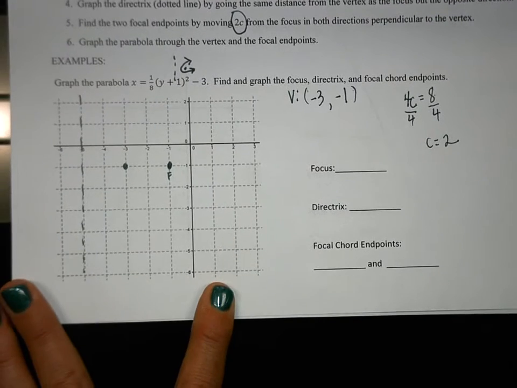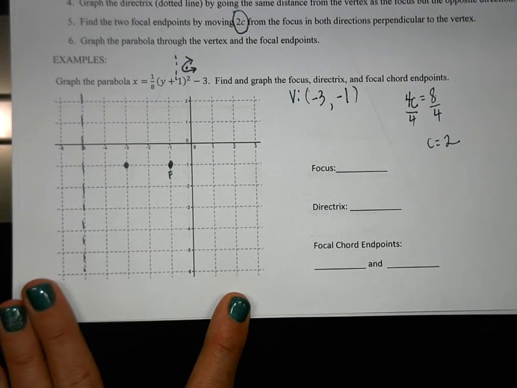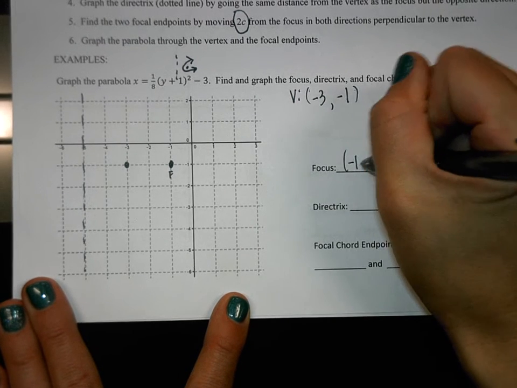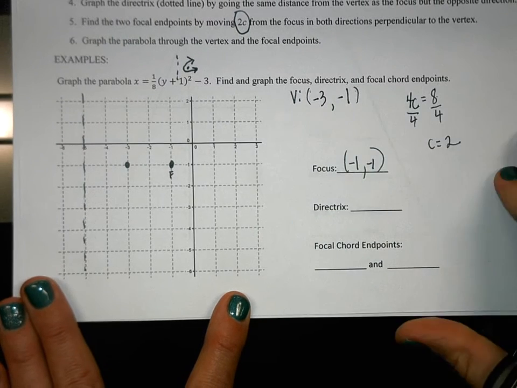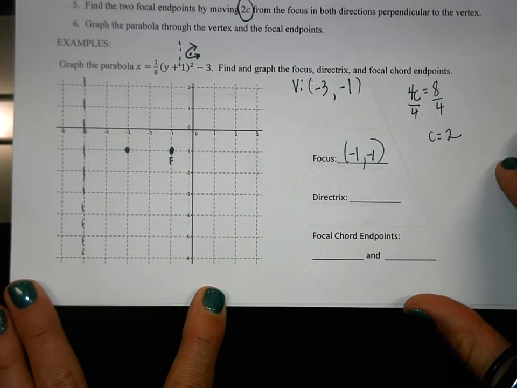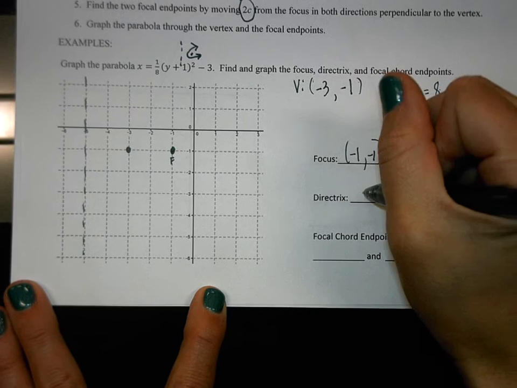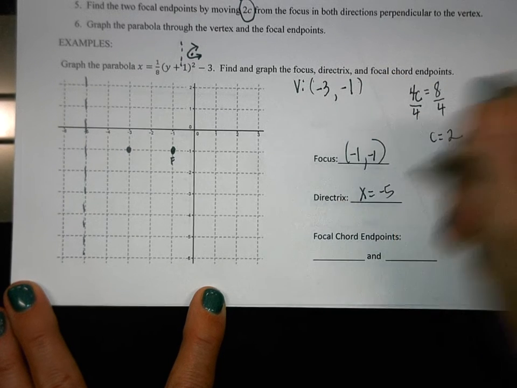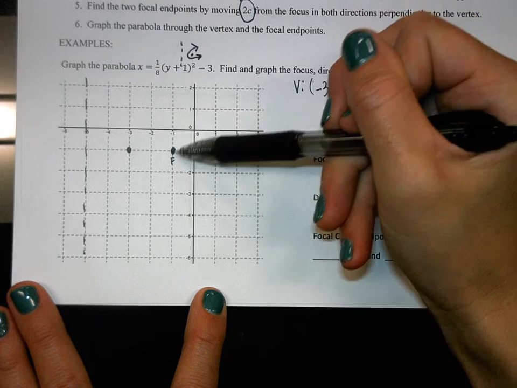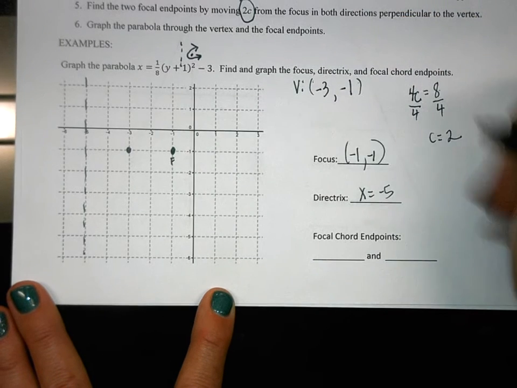So what is the point for my focus? -1. Very good, -1 is correct. And what's the equation for my directrix? x equals -5. Good. And remember that the distance that we go from the focus on each side is 2c.